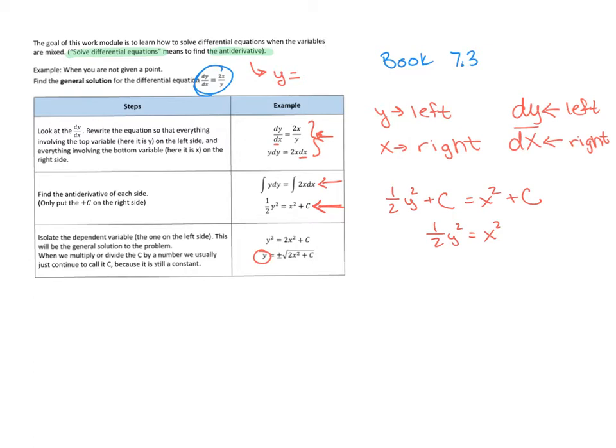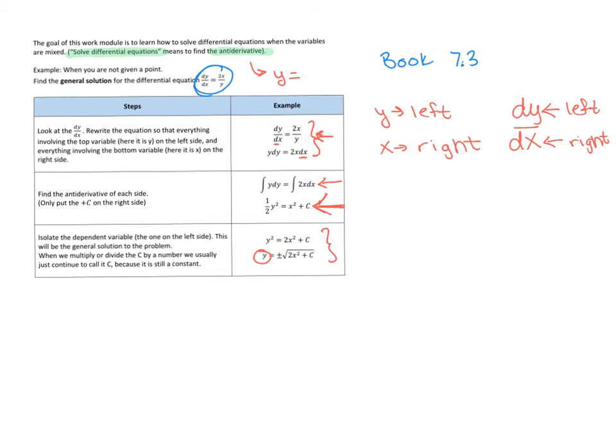So to keep us from making that mistake, what we do, as written in this step, is we only put the plus c on the right side. After that, our goal is just to isolate the y, and those are the steps in here: multiplying both sides by 2, and then taking the square root of both sides.